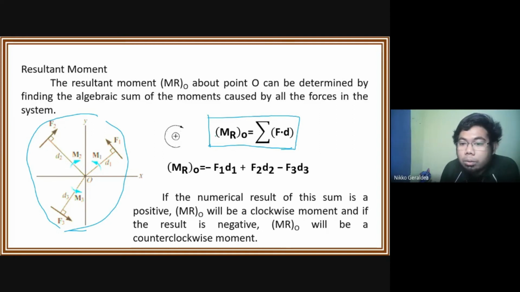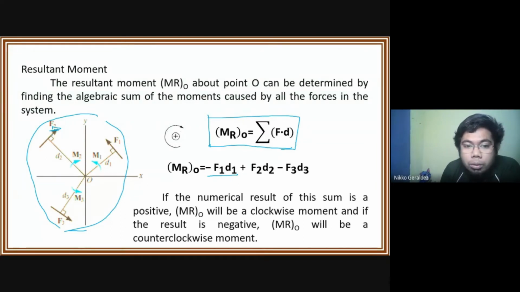So, isulat natin sa right side ng equation, that is negative F1 times D1. Kasi yung moment na mapoproduce ni F1 is negative moment, counterclockwise. Next, F2.